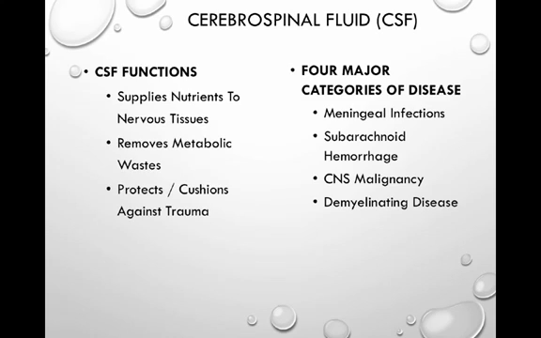So, given those four major categories of disease, cerebrospinal fluid is analyzed to confirm diagnosis of meningitis or to evaluate an intracranial hemorrhage or to diagnose malignancies, or it can also investigate central nervous system disorders.